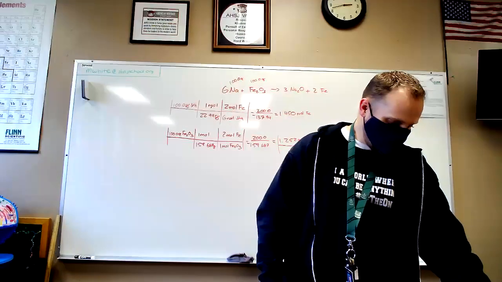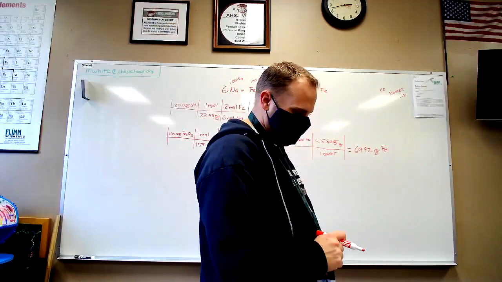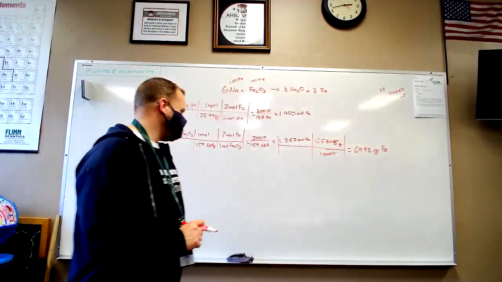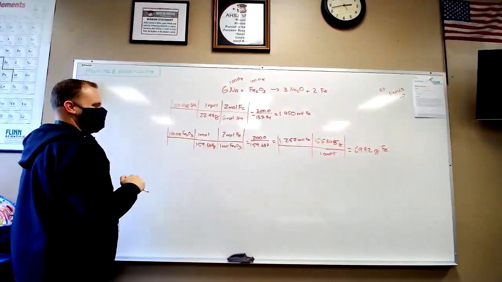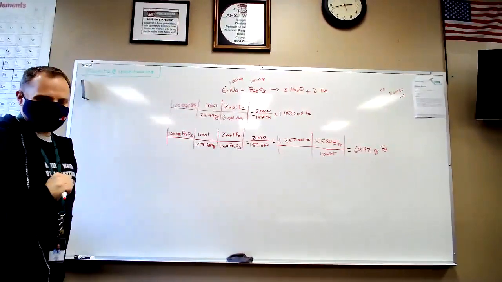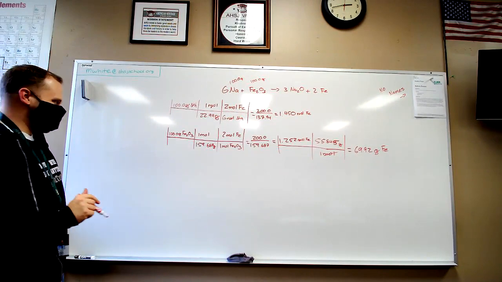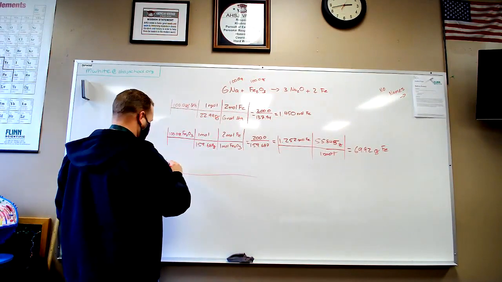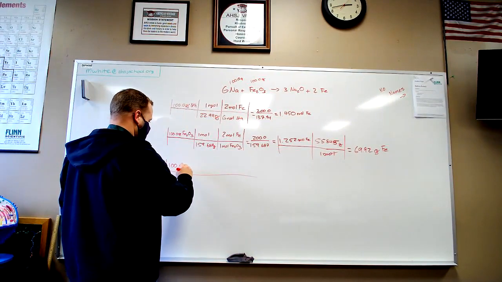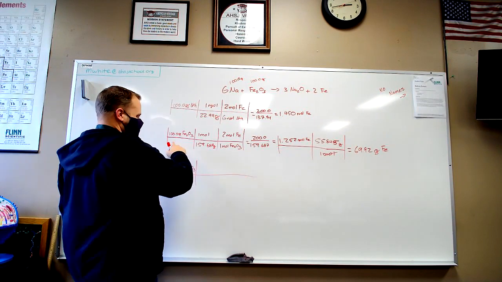But there's one more thing, the mass of the excess reactant that remains. So to figure that out, remember we're going to start with the limiting. Don't make the mistake that I did first and start with the excess. Okay, start with your limiting, and change it to moles.